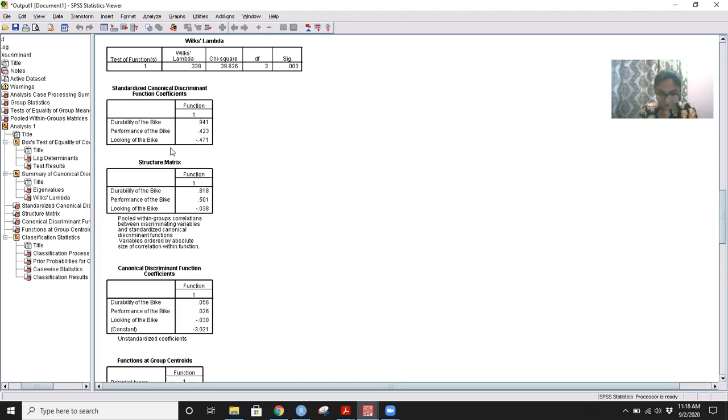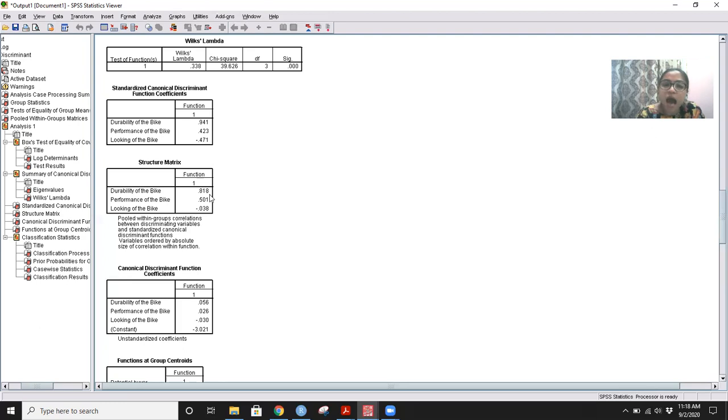Now next we have the structure matrix. The structure matrix in a way conveys the order of importance of each independent variable. It is going to work by virtue of weights, which we call factor loadings.